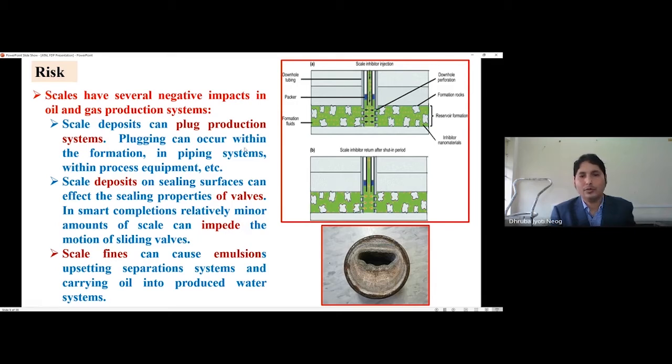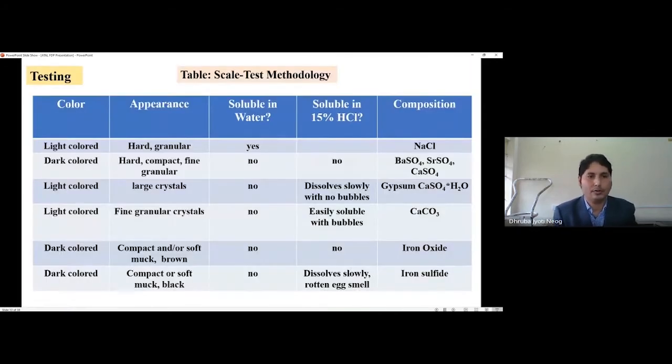This deposition may also take place in the piping system or within any process equipment, therefore limiting the flow of the oil. Therefore, scale deposits are required to be removed. Scale deposits can take place in any part, inside the valves, or as scale fines. If fines are present, they can form emulsions, and finally affect the separation process also.